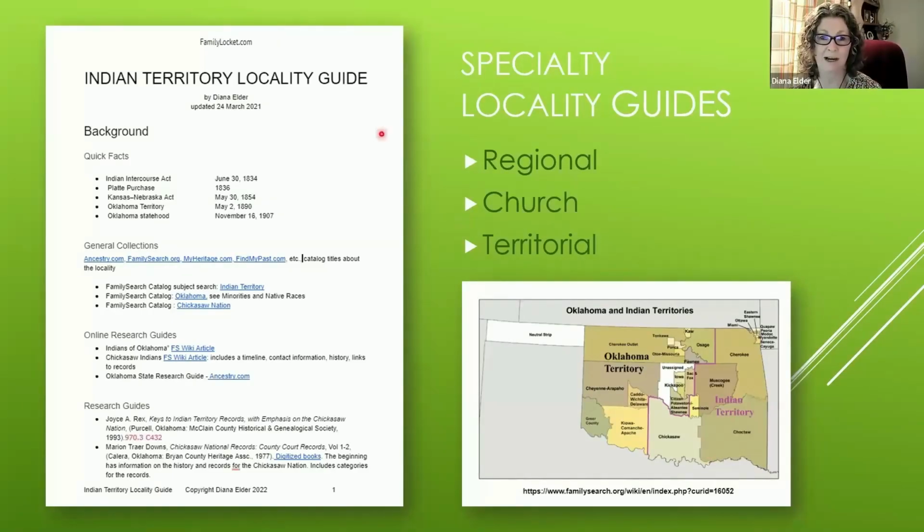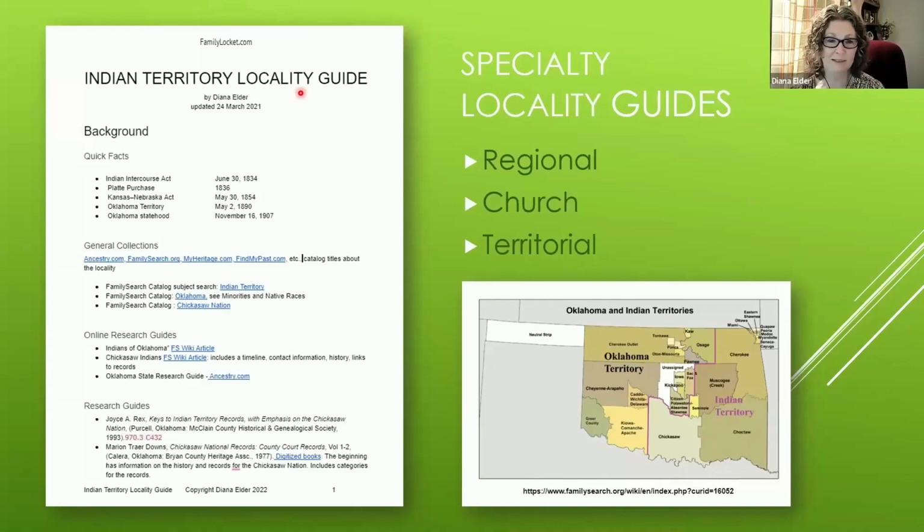So I did a complete guide for that. But we have other territories in the United States, like Mississippi Territory, that became some of those southeastern states. And you might want to do a guide so that you can really track down territorial records, especially if your project's going to take you into those areas.